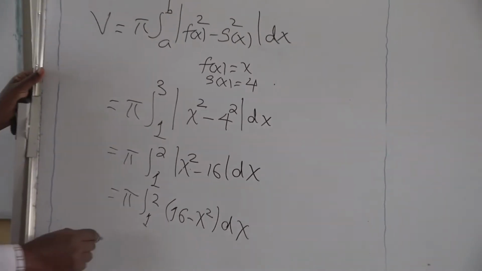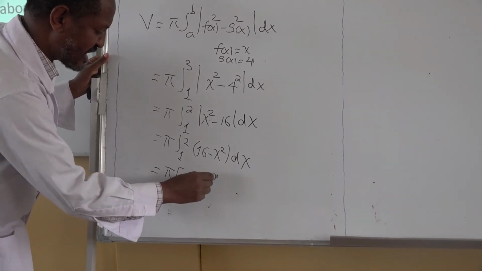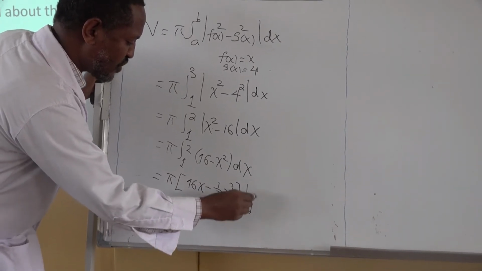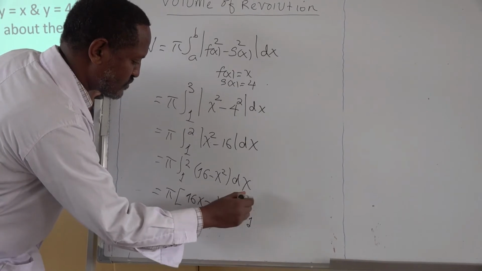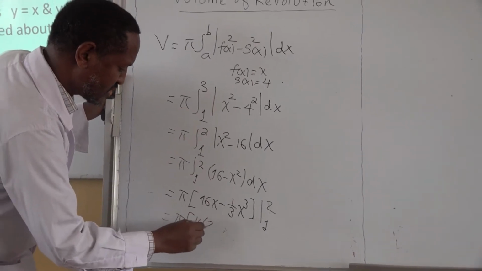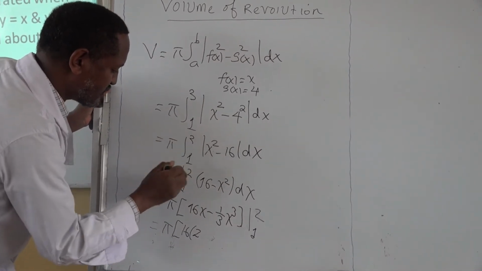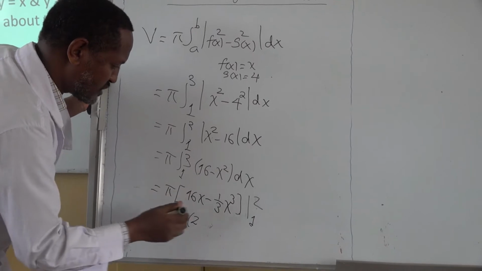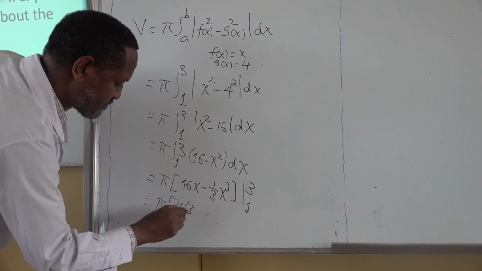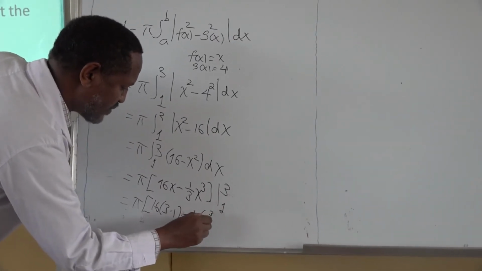Then after it is a matter of evaluating this integral. The integral of 16 is 16x, that of x square is 1 over 3 x cubed. Evaluate this from 1 to 3. Then we have pi times 16 times 3 minus 1, minus 1 over 3 times 3 cubed minus 1 cubed.